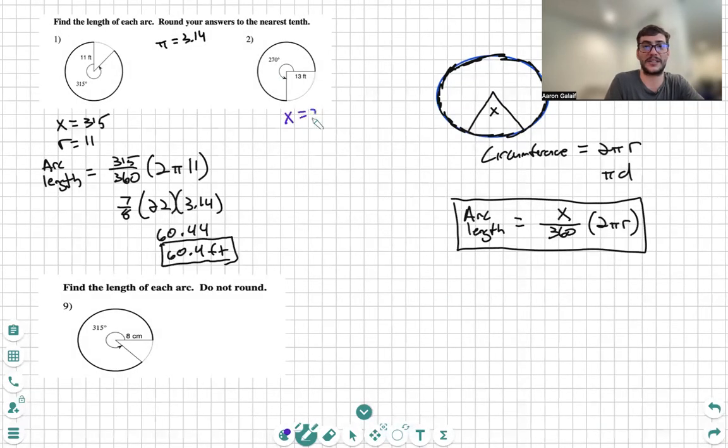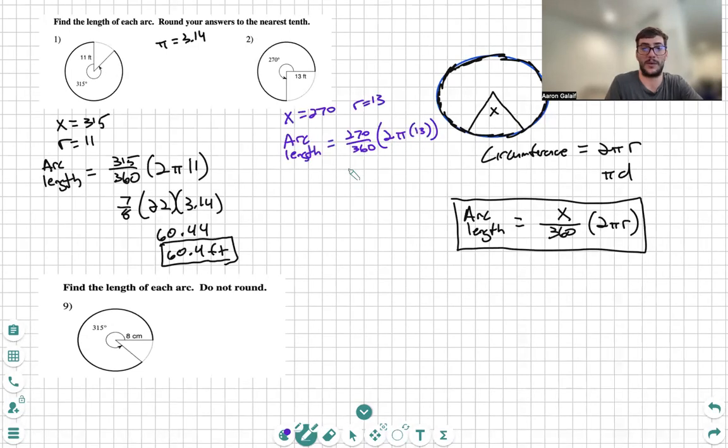Again, x is 270, r is 13. Let's plug and chug. Arc length is equal to 270 over 360 times 2 times pi times 13.